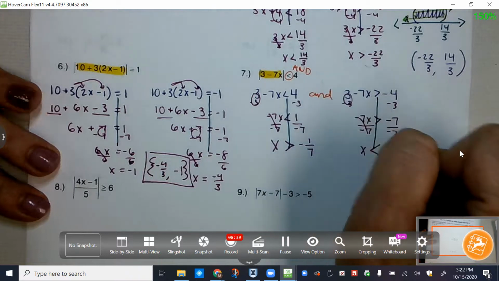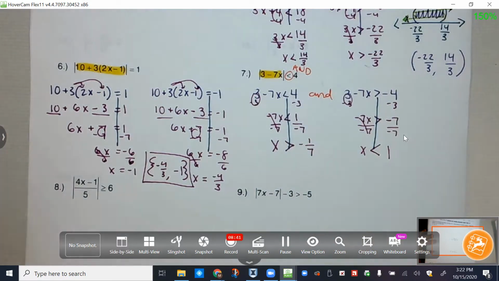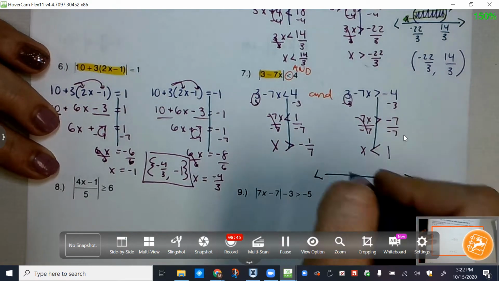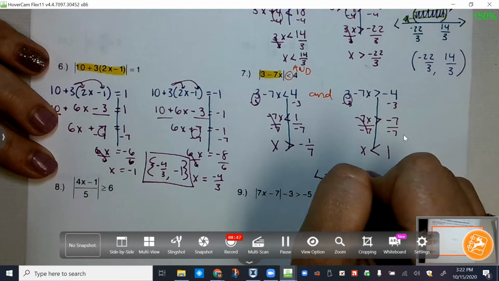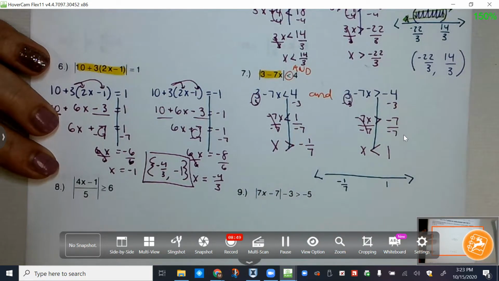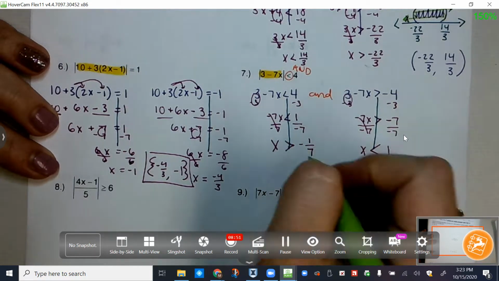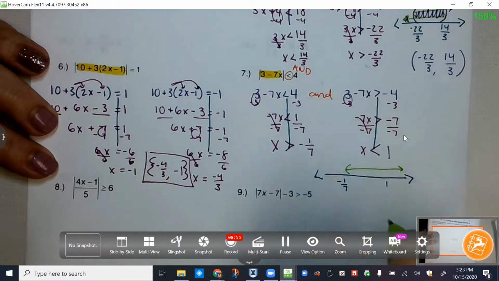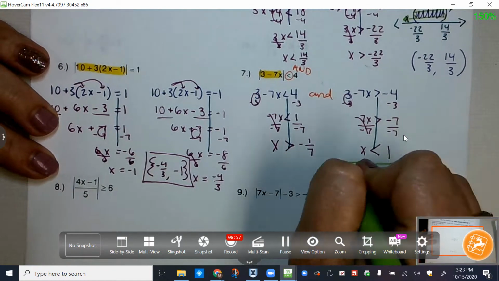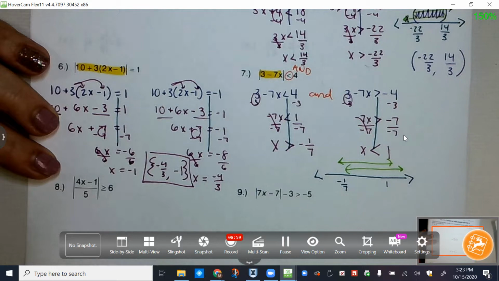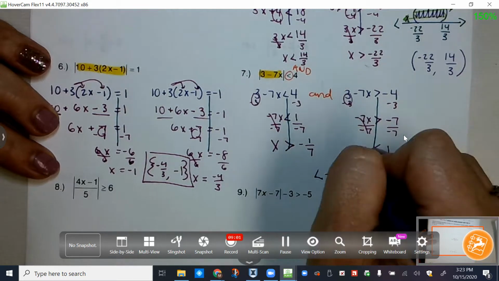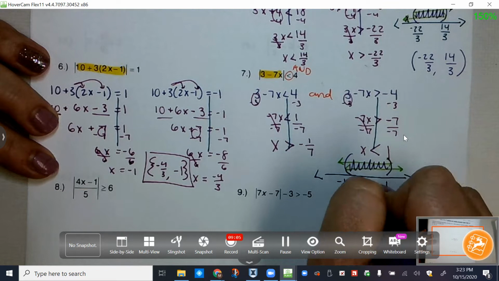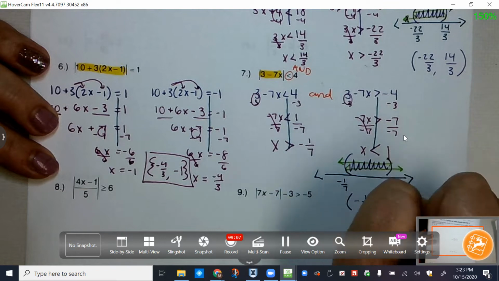We get positive 1. So we have negative 1/7 and 1. So x is greater than negative 1/7, not equal to. X is less than 1, not equal to. And remember, this is an and situation, so it's where they overlap. So it's from negative 1/7 to 1.